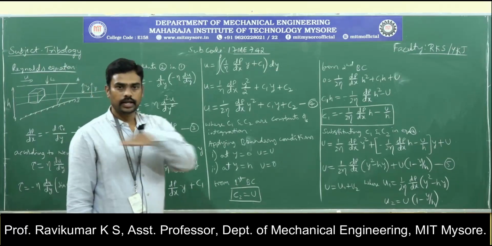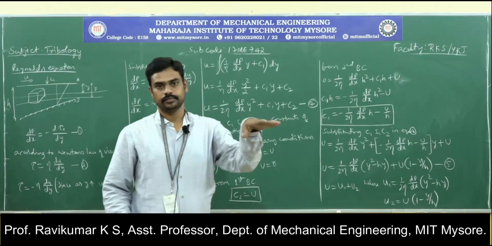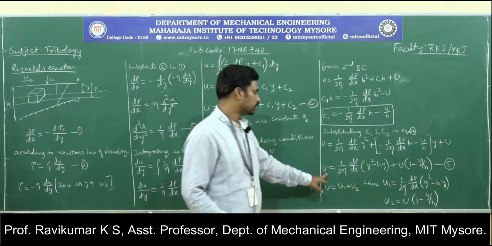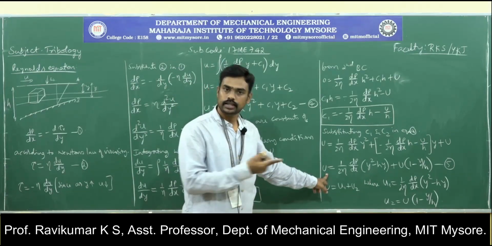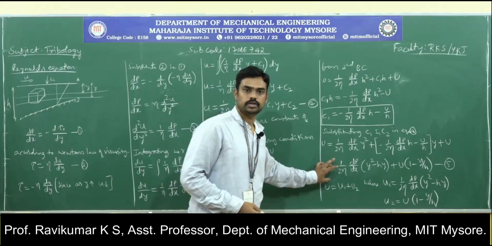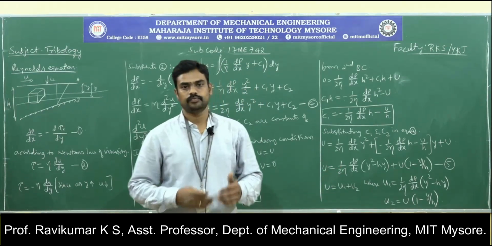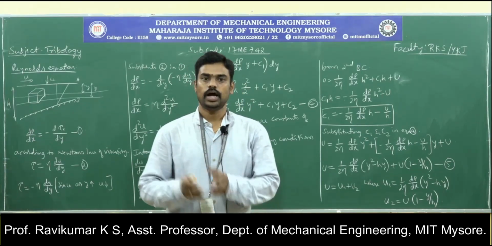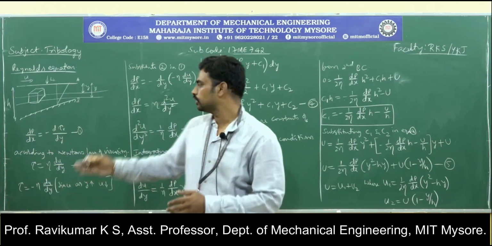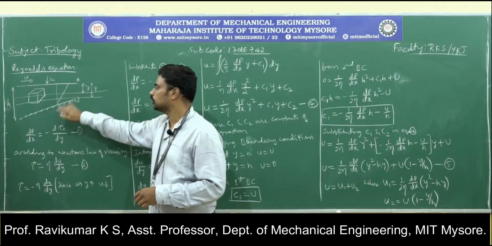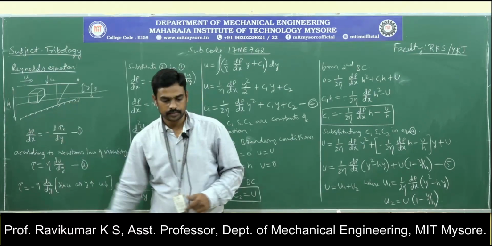Likewise, in any layer, if you substitute that particular y distance, you will get the velocity at that particular location, at that particular layer. This is the beauty of equation number 5. Equation number 5 determines the velocity distribution at any point in the said figure, in the said orientation.